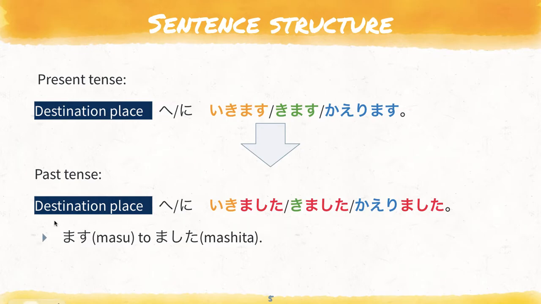So the past tense would be destination place plus へ or に, and then at the end it'll be 行きました、来ました、帰りました. One thing to keep in mind, ます in present tense changes into ました in the past tense.